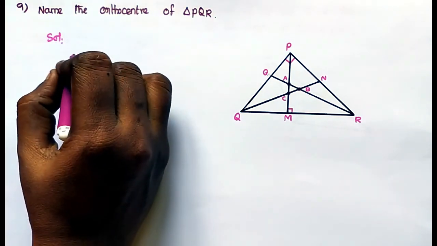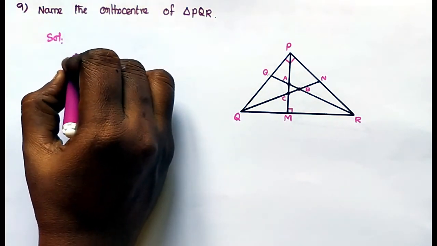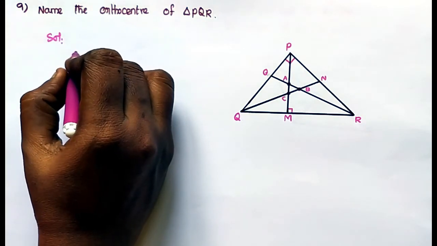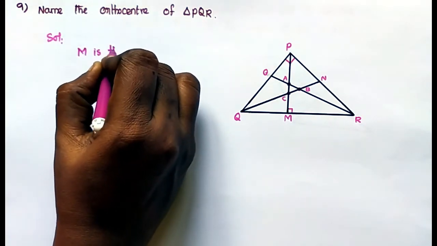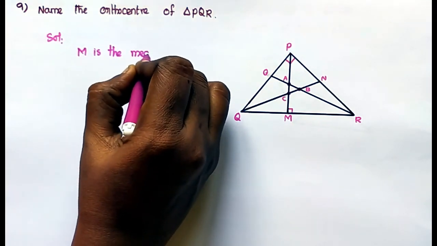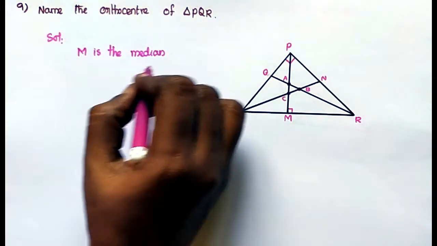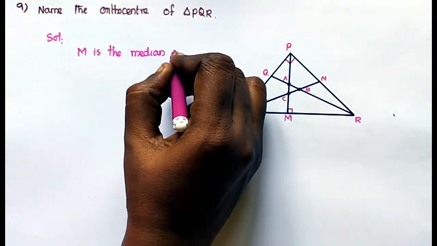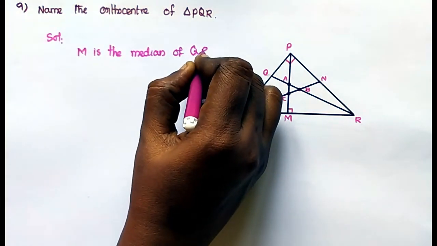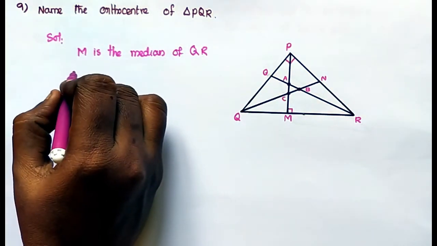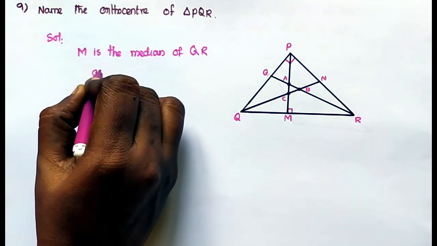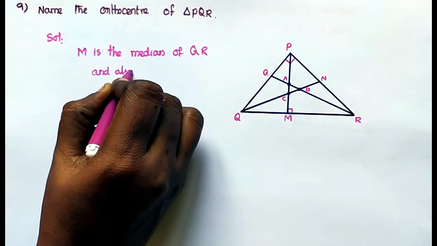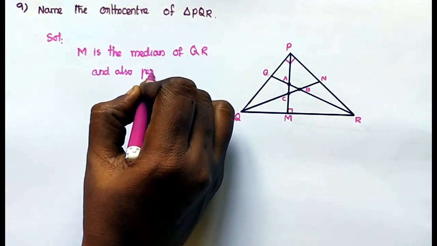So listen. M is the median of QR and also perpendicular.